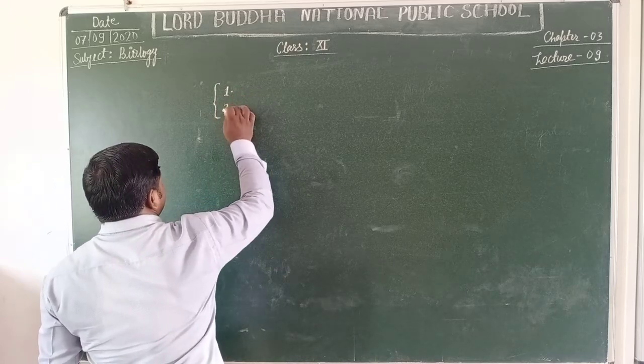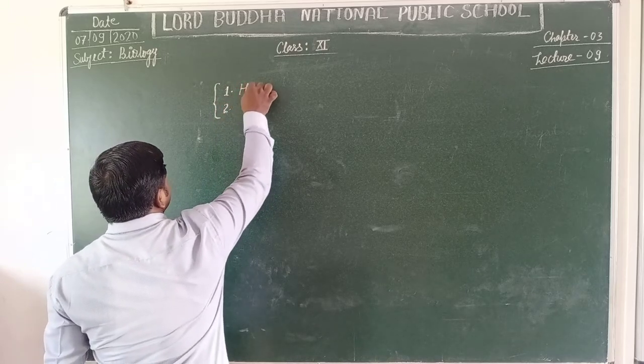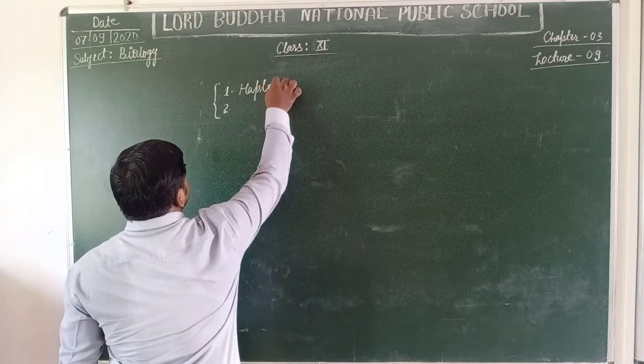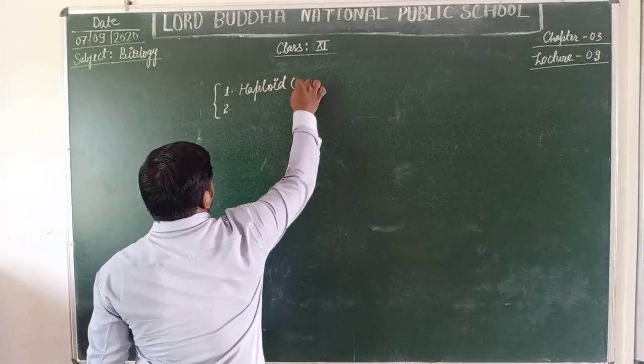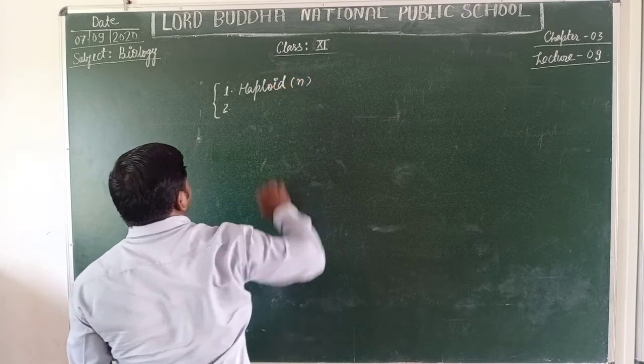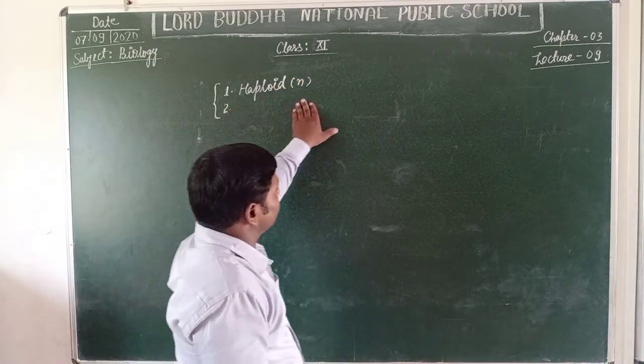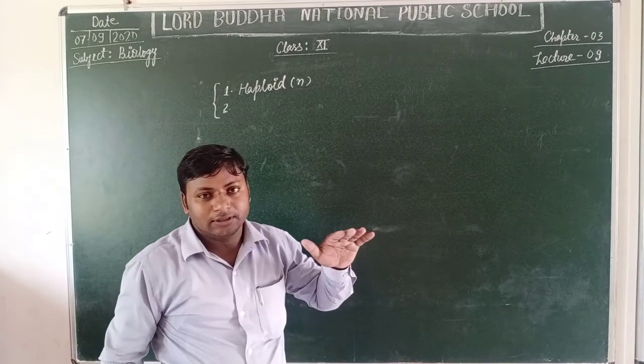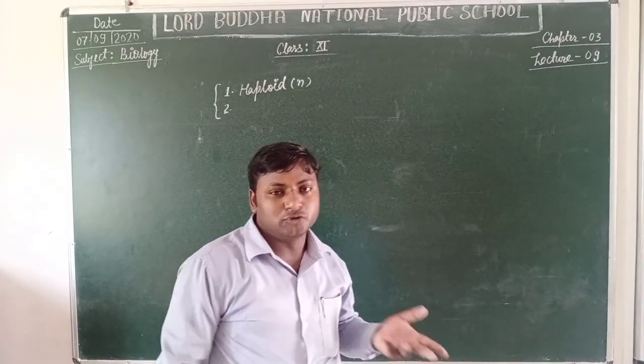First of all, I take the haploid. Haploid is represented by small n, and this indicates the presence of half the number of chromosomes.